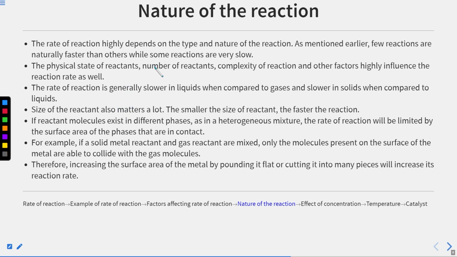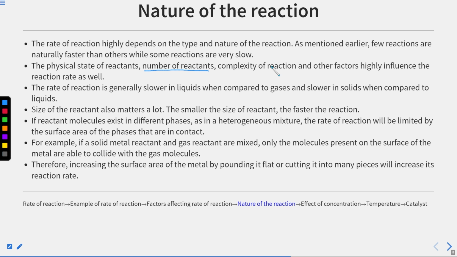The second one is the number of reactants and the complexity of the reaction; other factors highly influence the reaction as well. So the physical state also affects the rate of reaction. Again, the number of reactants also. I'm just giving you a glimpse of what is coming in the collision theory.